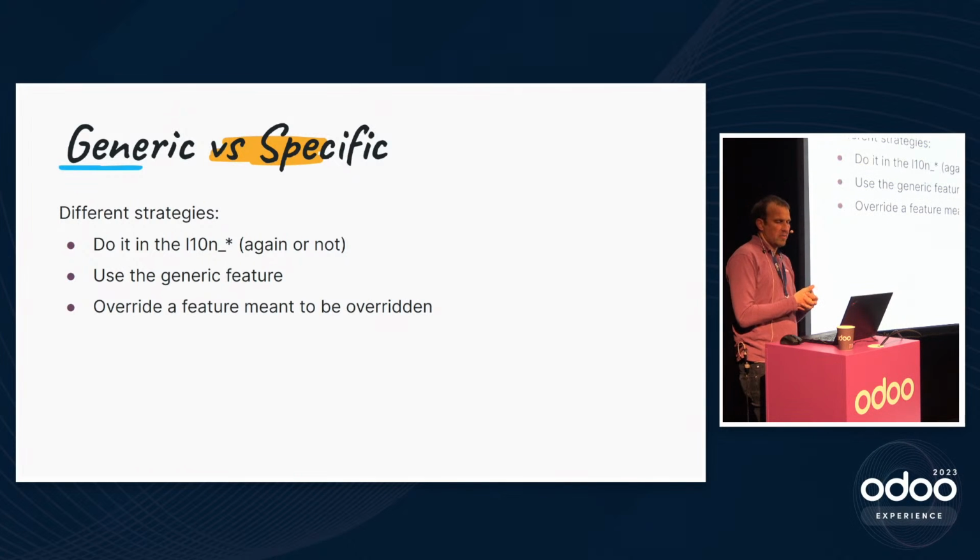Please give enough freedom to the people implementing the localization to do what they want. So this is always a bit of a balance between what do we put in generic, how do we let people inherit it, and so on. And I will try to give some examples of that.